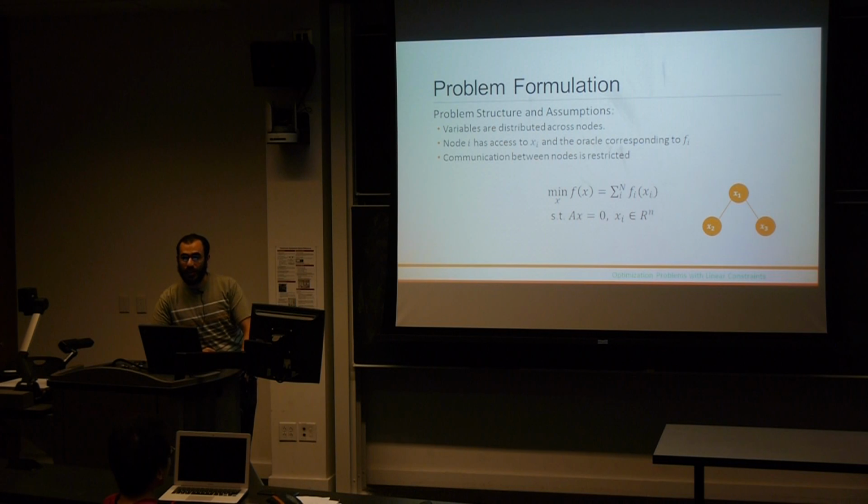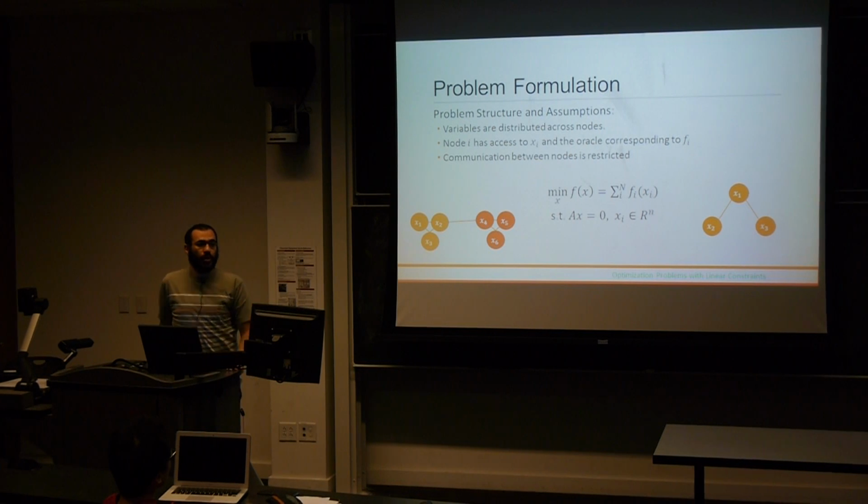In a distributed setting, we assume that variables are distributed across nodes, where each node has access to a variable and the oracle for the corresponding function. And we assume that the communication between nodes is restricted, so not all nodes can communicate with each other. And this actually comes up in practice.